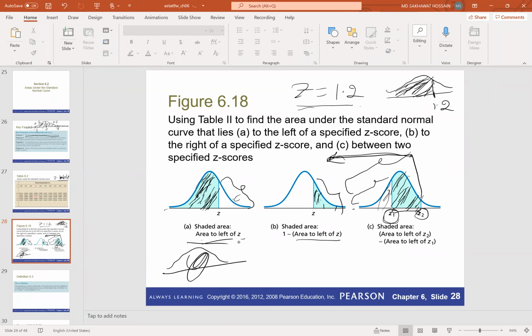So the shaded area is the area to the left of z2 minus the area to the left of z1. The basic idea is, first you find the area for the largest number. z2 is the largest number here. You find the area corresponding to the larger number minus the area corresponding to the smaller number, and that will give you the area in between these two numbers.